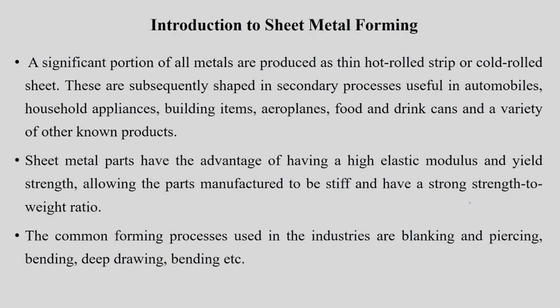So, when it comes to the introduction, I have given three important points in the slide. We are all aware that we have hot rolled strip and cold rolled strip sheets.